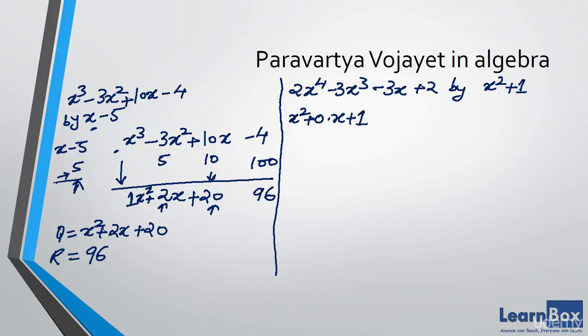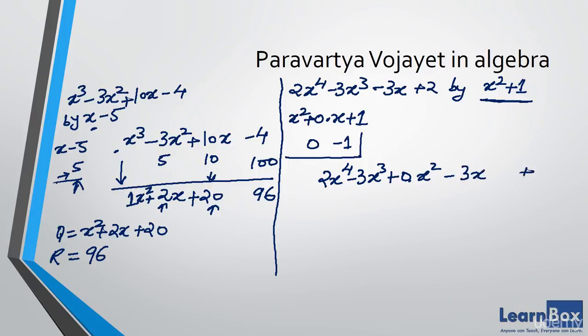Notice that the divisor, which is x square plus 1, is a quadratic expression, so we also need a term of x, so we have written 0x. Now transposing it will give us 0 and minus 1. Now we'll write the dividend here, which becomes 2x raised to the power 4 minus 3x cube plus 0x square minus 3x plus 2.